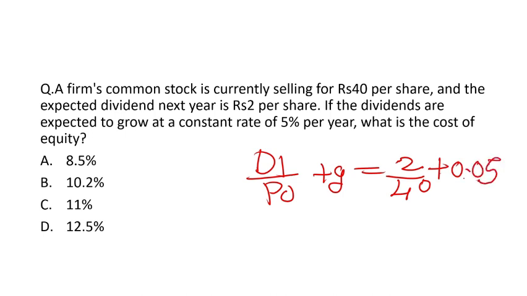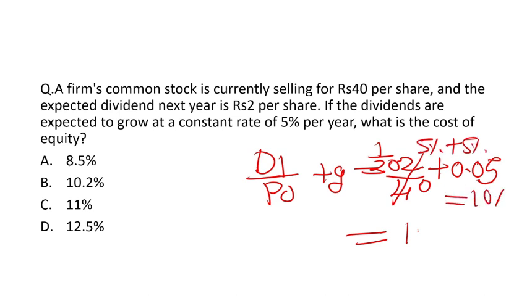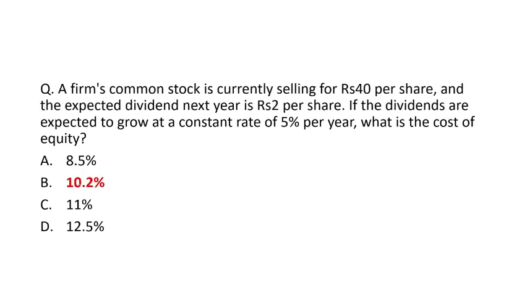By solving this numerical, you will get 1 by 20 and 5% plus 5%, so you get 10% as an answer. But 10% is not mentioned accurately, so you should not worry, sir. This 10.2 will be your answer. Option number B, 10.2%, will be your right answer.